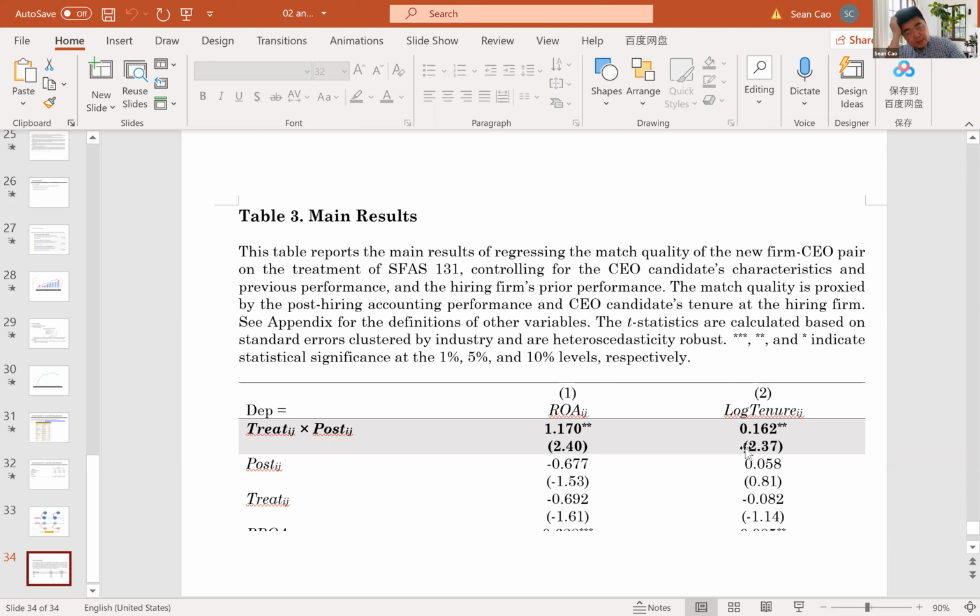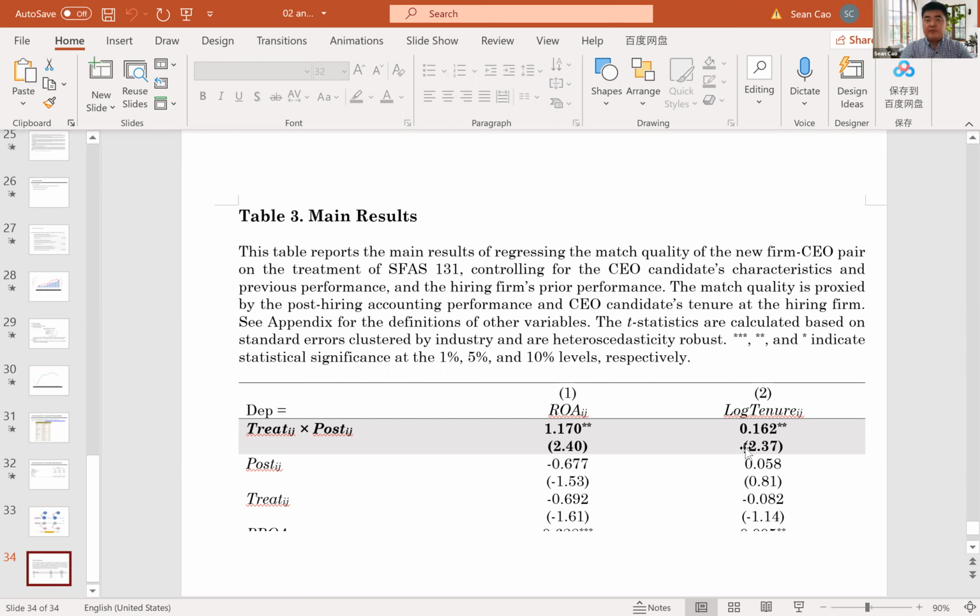So basically, before 1997, when hiring firms do not know about the CEO's segment performance, the CEO will stay with the firm a shorter time.